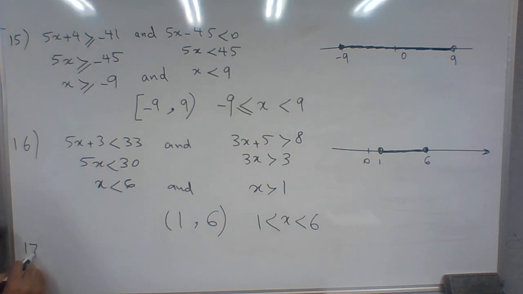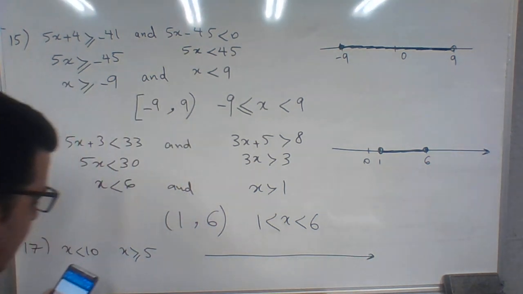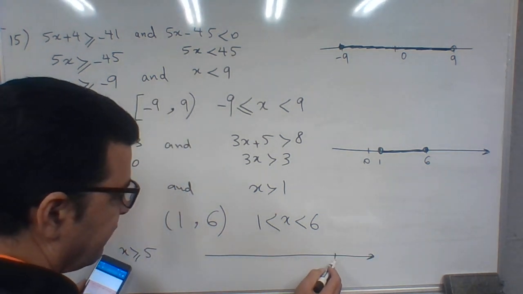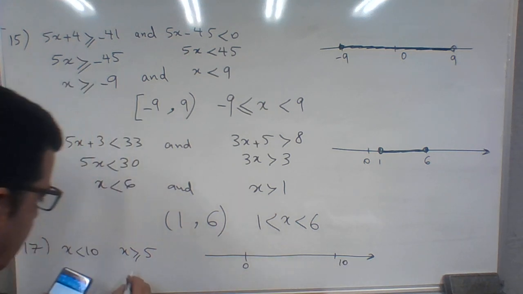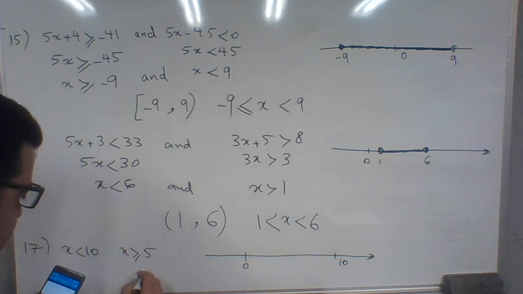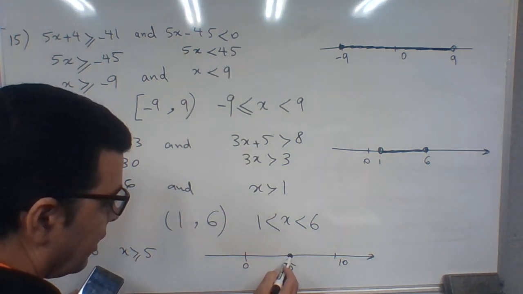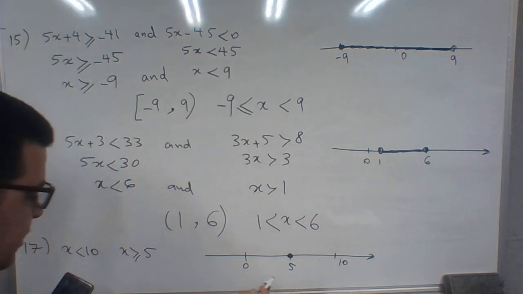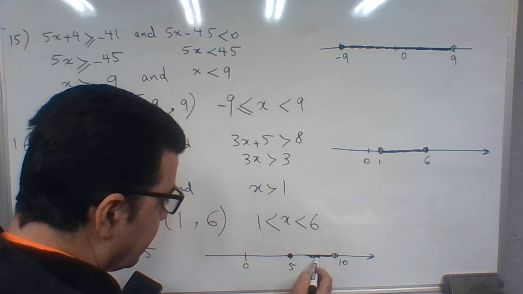So number 17, x less than 10, x greater than or equal to 5. This is simplified already. So the graph is this. x less than 10, if this is origin, this is 10, x less than 10, and greater than or equal to 5. This can be 5, so equal means full point, and less than 10, empty point, and everything in between.